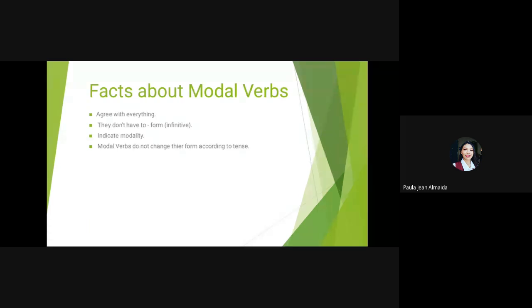The second fact about modal verbs is they don't have to-forms or infinitives. You can't use to may or to should or even I want to should because it is considered wrong or ungrammatical.